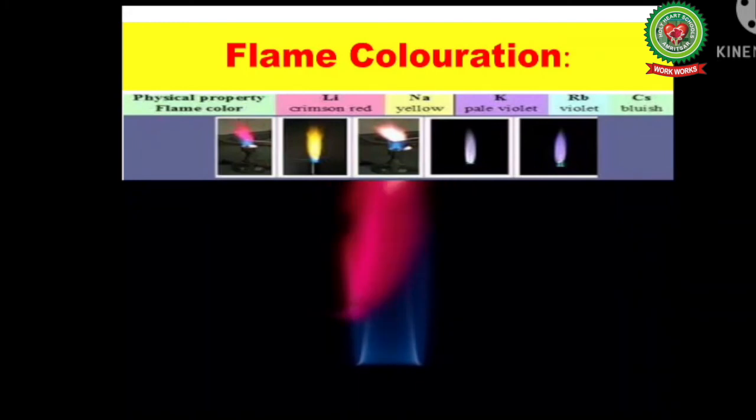Actually, the energy of the flame causes excitation of the electron which is present in the valence shell. Now, when this electron comes back to its original position, it gives out the energy which was absorbed in the visible region and is responsible for imparting color to the flame.